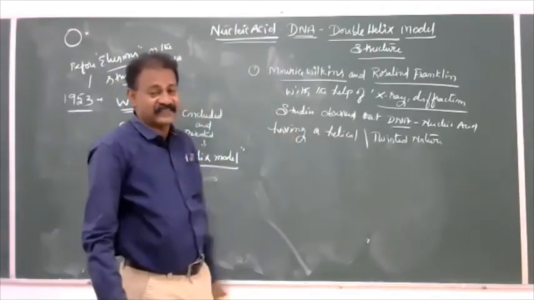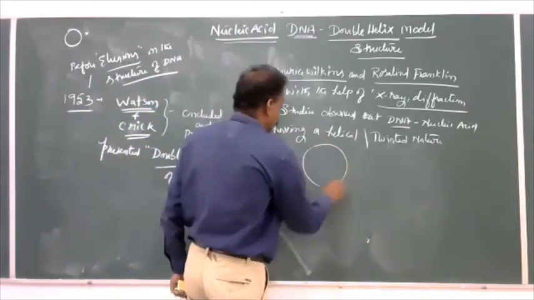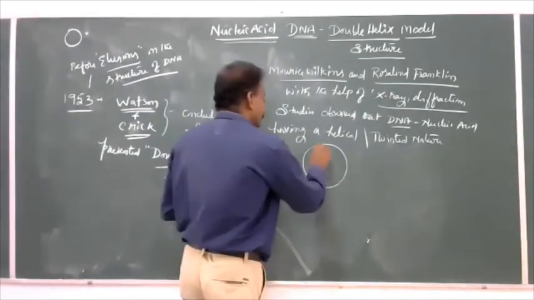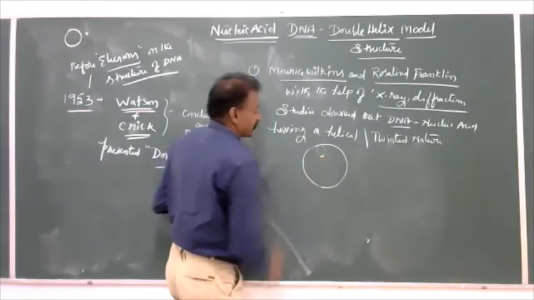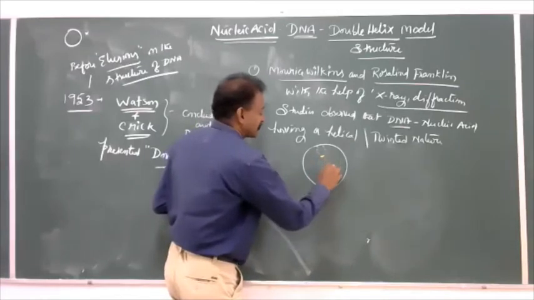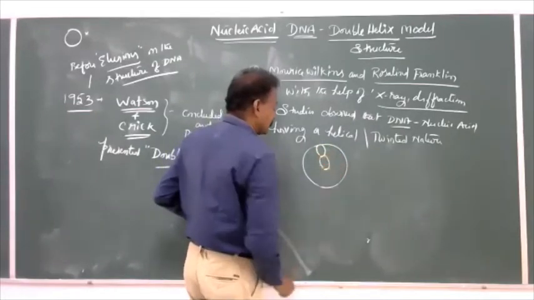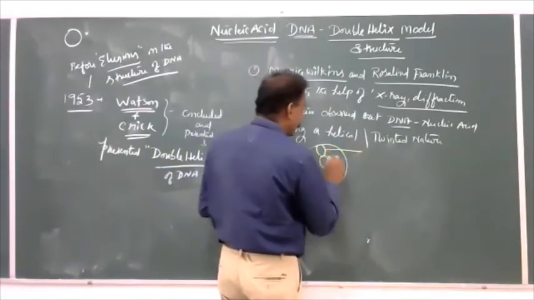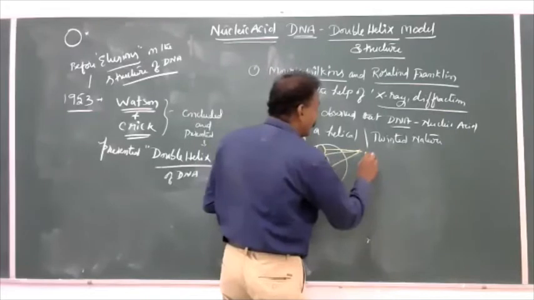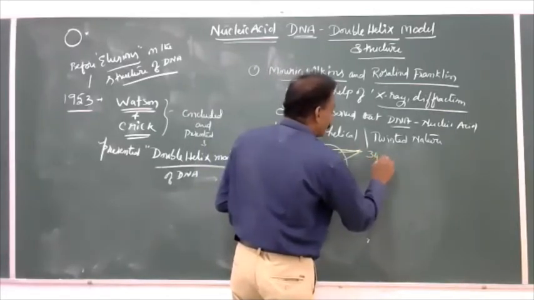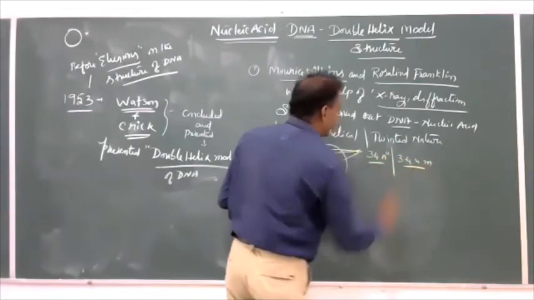But with X-ray diffractions, X-ray crystallography, they observed that in the X-ray tube, they are able to identify some structures like this and one dark band. They observed that these structures have a fold at every 34 angstroms or 3.4 nanometers distance.